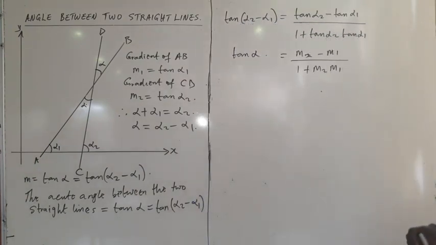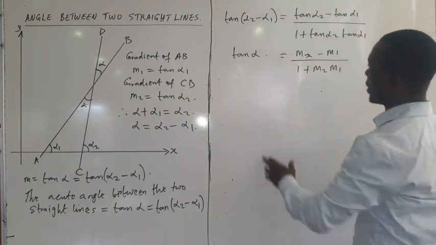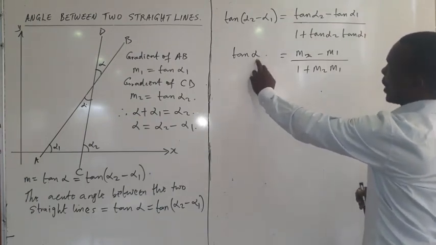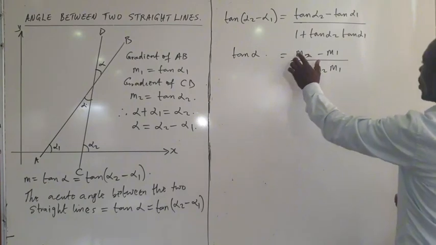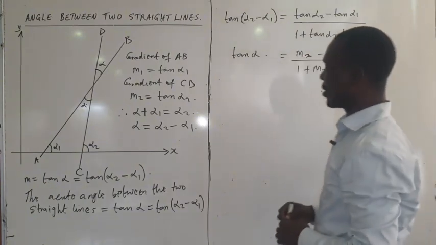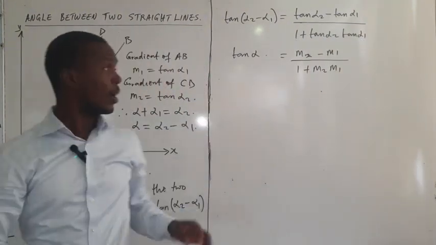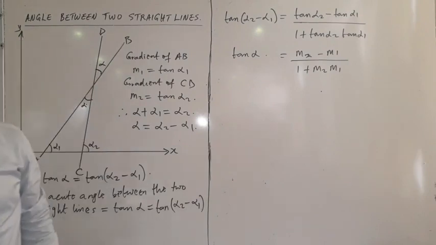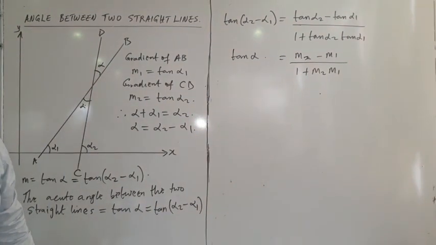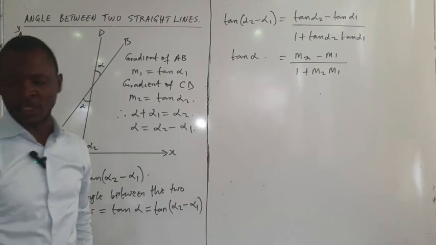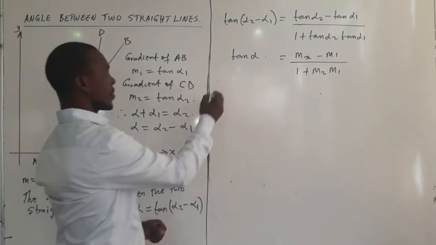So the angle between the two straight lines is alpha, and tan alpha equals m2 minus m1 all over 1 plus m2 m1. That is in terms of the gradient.